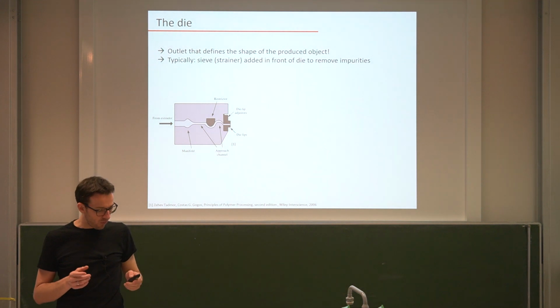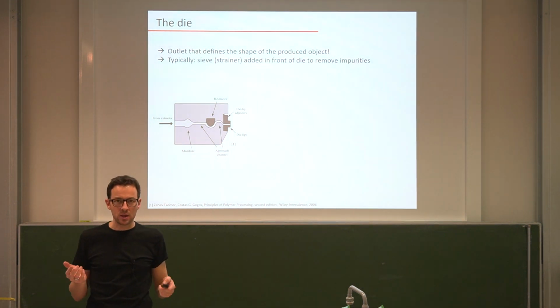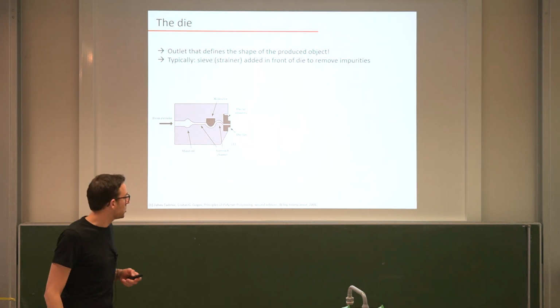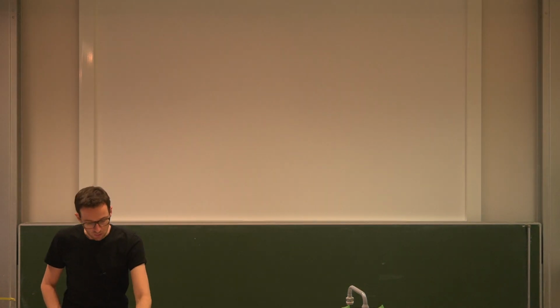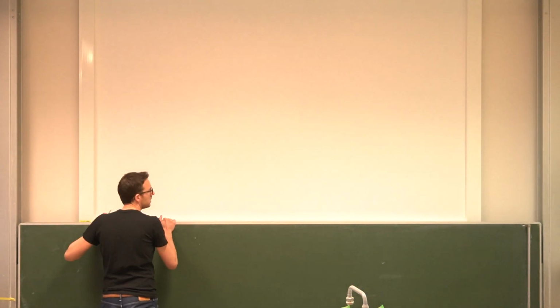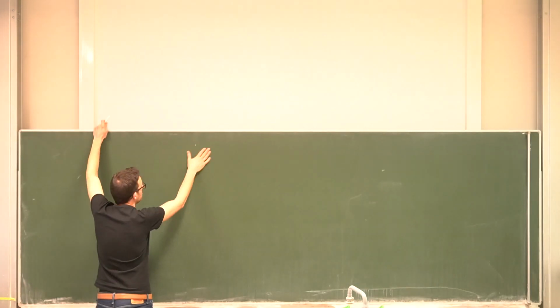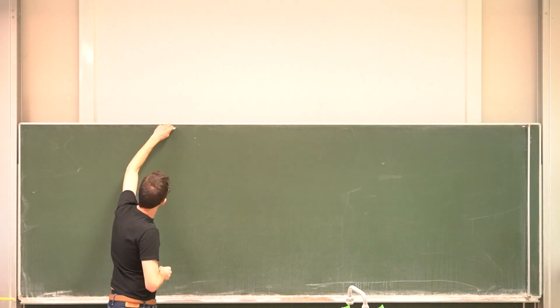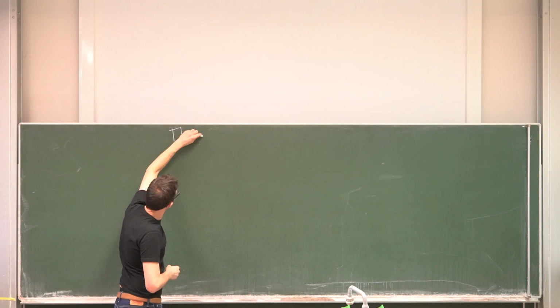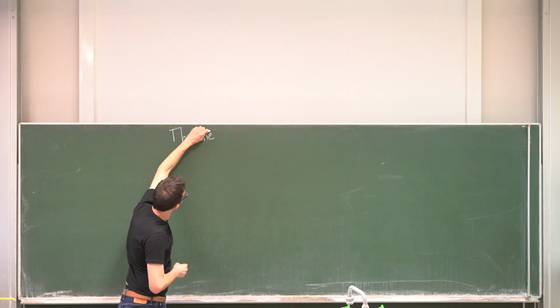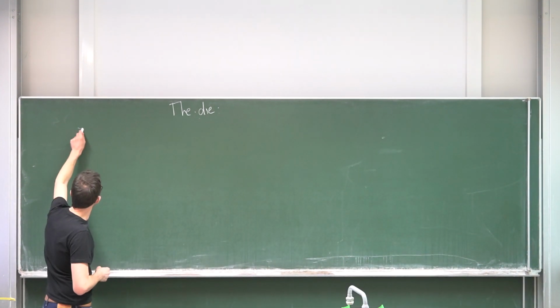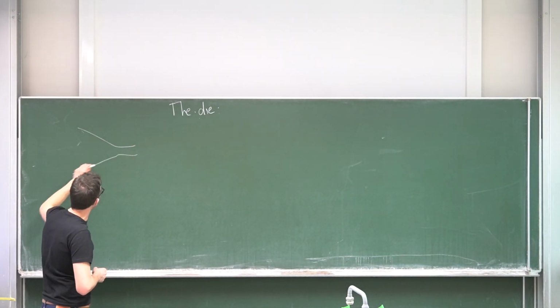And here is now one thing that we really need to consider given all the knowledge of polymers that we have obtained. In order to show this to you, let me move to the blackboard. So now we assume we have a polymer melt that is somewhat funneled into this die here.